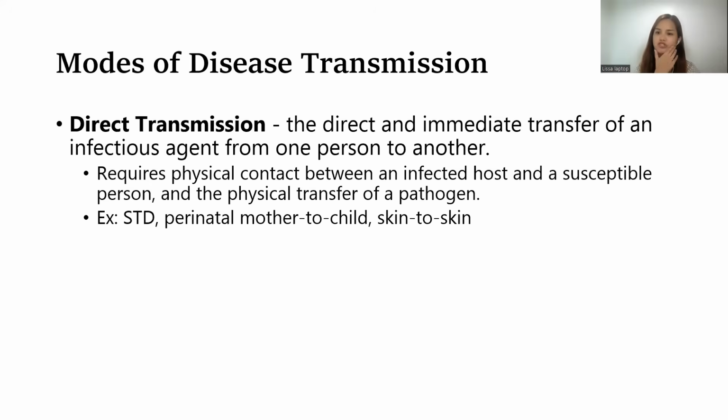Examples of direct transmission include sexually transmitted diseases such as HIV/AIDS, chlamydia, gonorrhea, hepatitis B, herpes simplex virus, and herpes. We also have perinatal mother-to-child transmission, such as through toxoplasmosis, and skin-to-skin transmission for warts, impetigo, and athlete's foot.